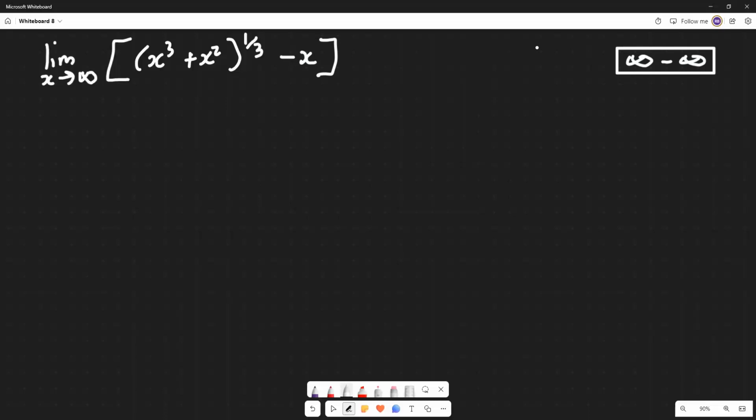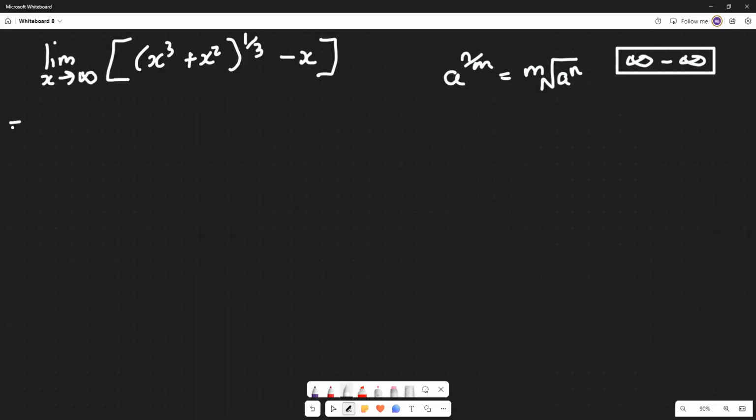Here, I'm going to convert this to a root. Remember, a to the power n over m can be written as the m-th root of a to the power n. So if you have a fractional exponent, the denominator is your root.